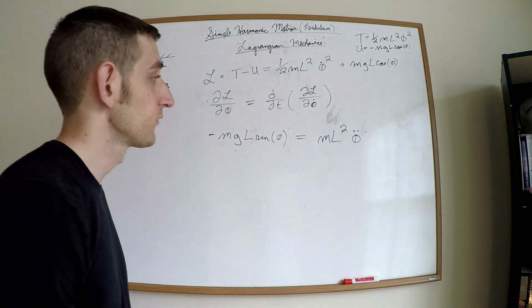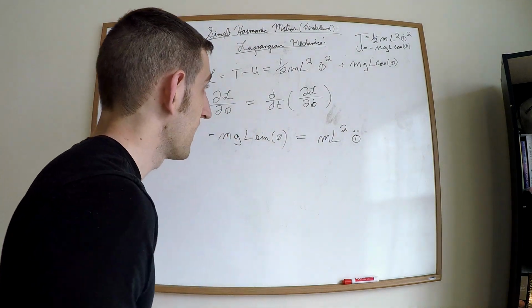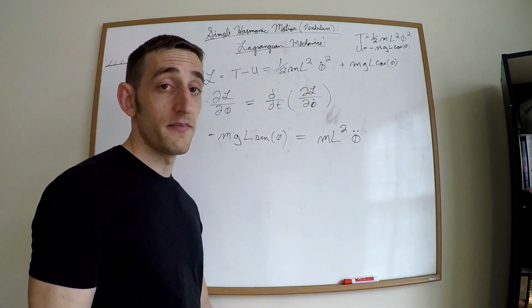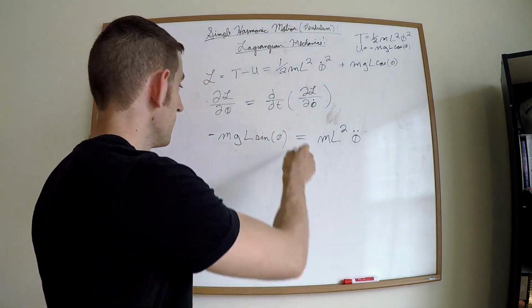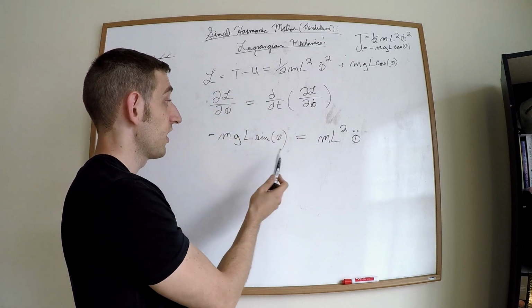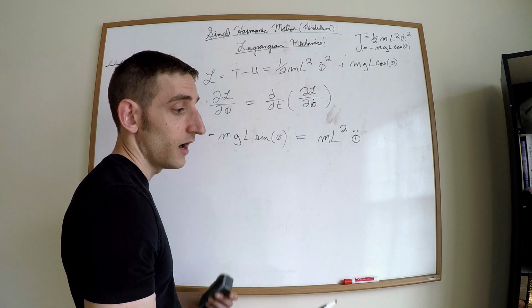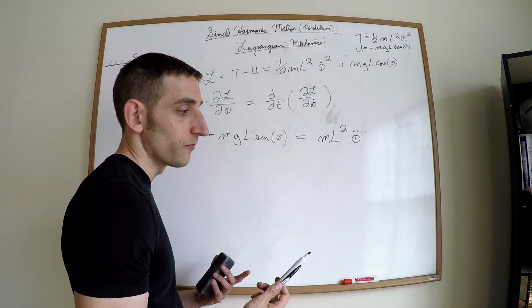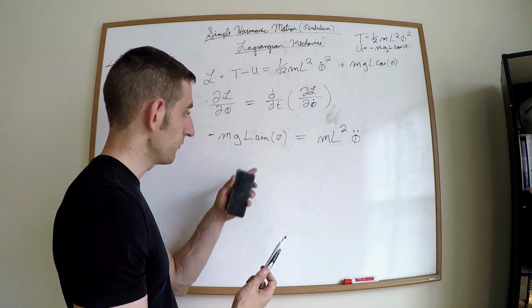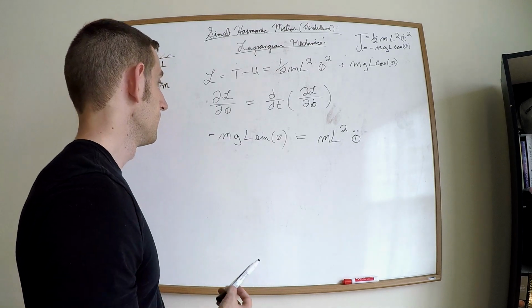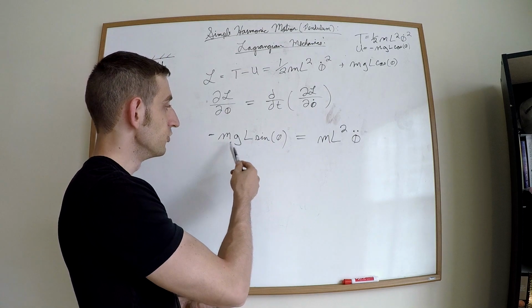Looking familiar? So what I want to emphasize here, as I talked about in my previous video on Lagrange's equations, is that this side ends up becoming a generalized force. I say generalized because it may not have the same units. We won't have newtons, units for force. We actually have newton meters.